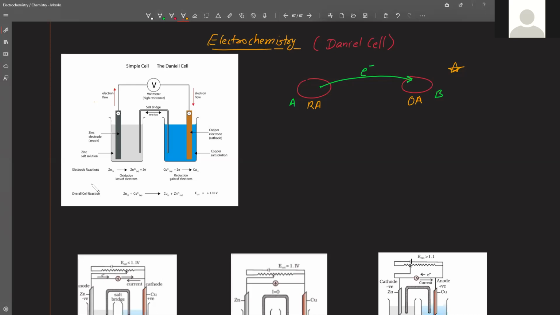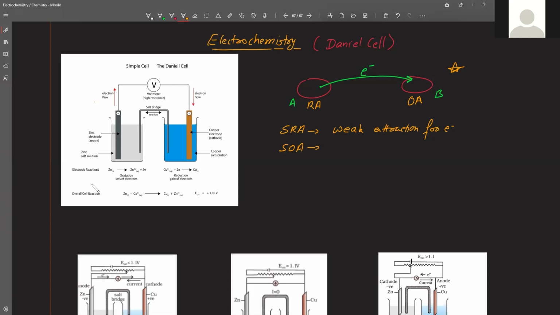Now, if we have a strong reducing agent, what is a strong reducing agent? A strong reducing agent means one that is eager to give electron. So it can be identified by its attraction for electron. A strong reducing agent will have weak attraction for electron, and just opposite in the case of a strong oxidizing agent.